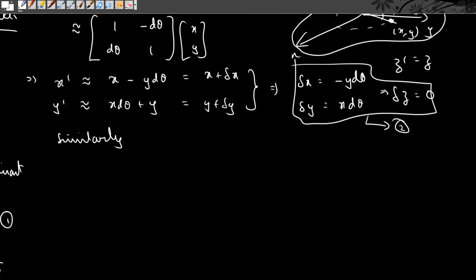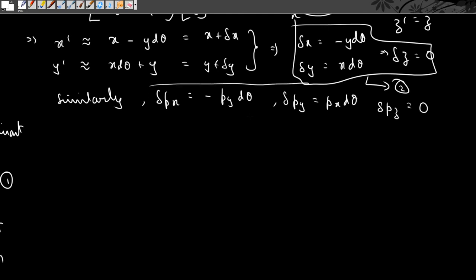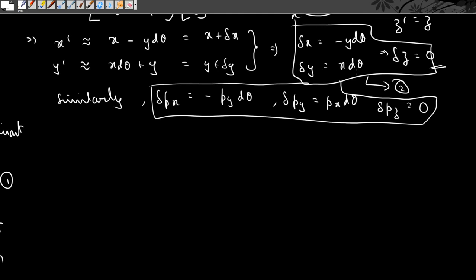You can verify it, and what we get is that del px is equal to minus py d theta, and del py is equal to px d theta, and del pz is equal to 0. Okay, so let us call this relation along with this relation as equation number 2.